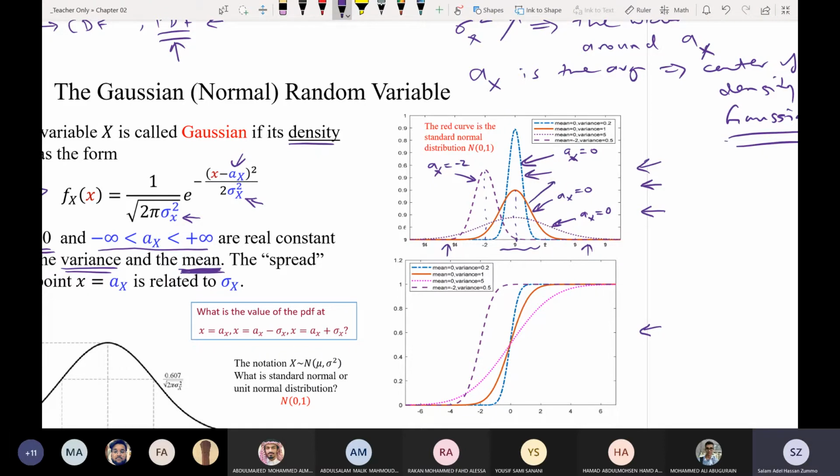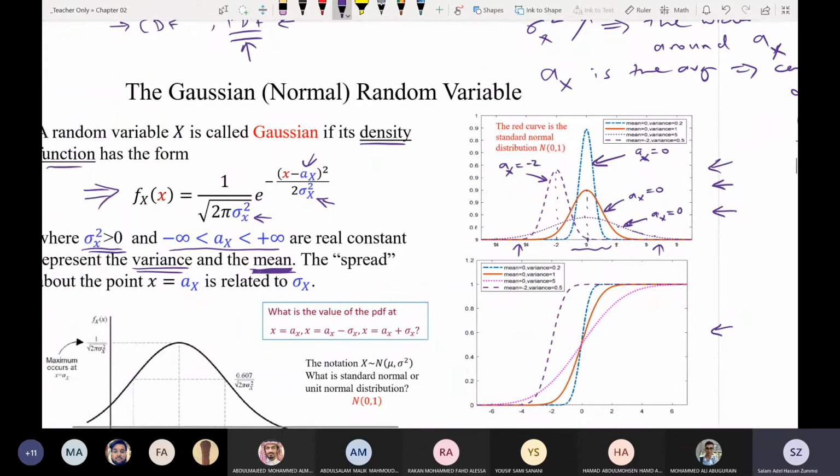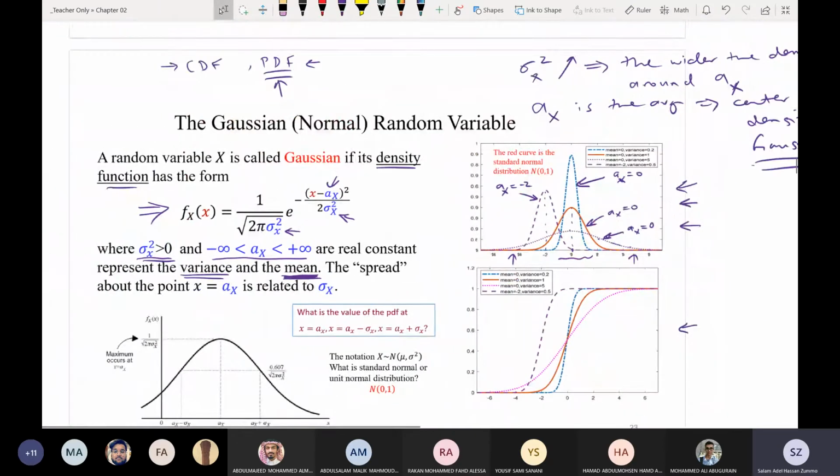Which one has larger variance? The blue or the red? The red one. The red one has larger variance. While this wide one has the largest variance, right? So the variance tells you how wide the PDF or the density is around the mean, around the average.